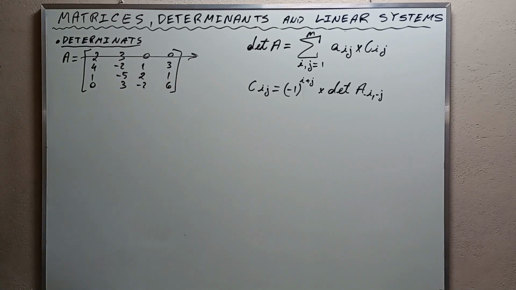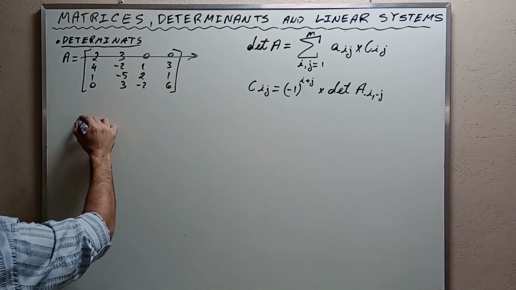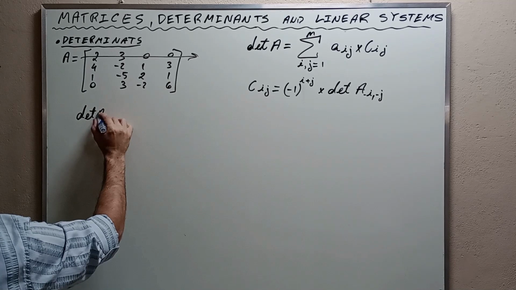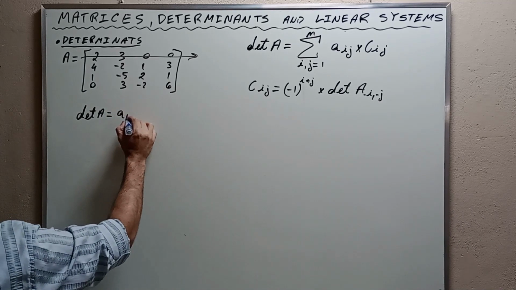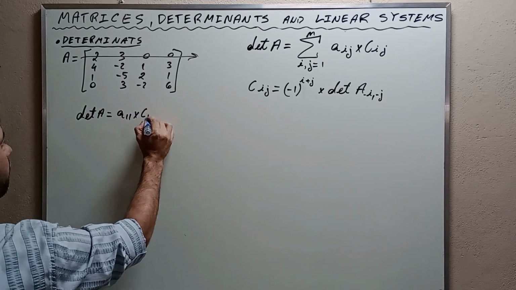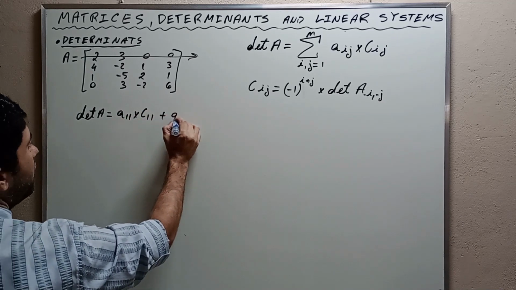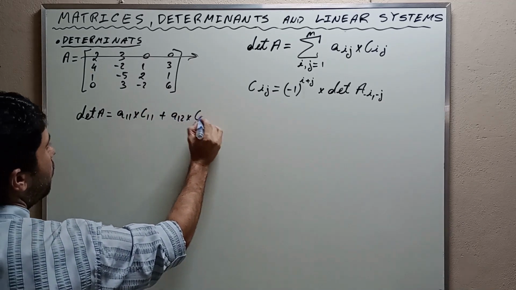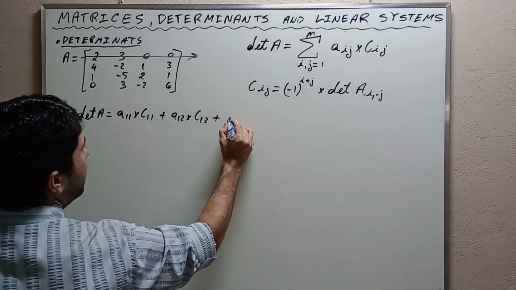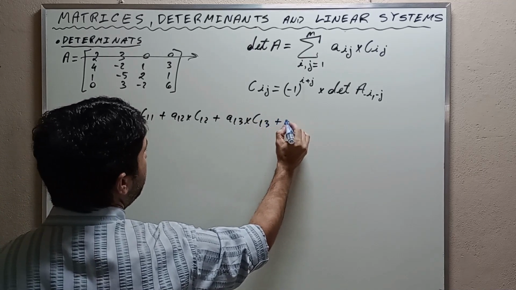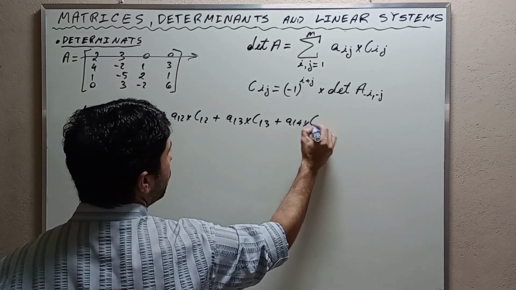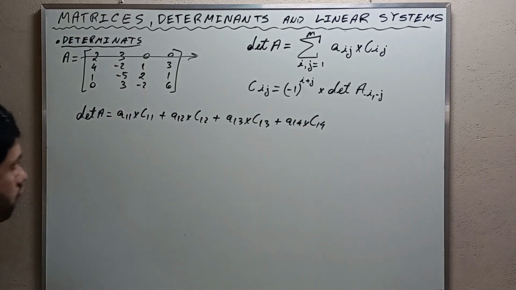Then the determinant of matrix A is going to be A11 times cofactor 11 plus A12 times cofactor 12 plus A13 times cofactor 13 plus A14 times cofactor 14.